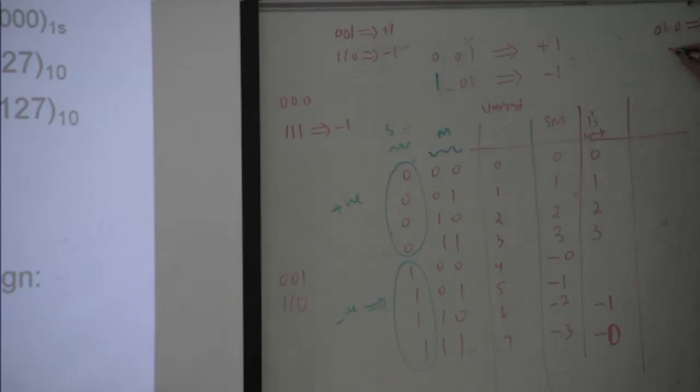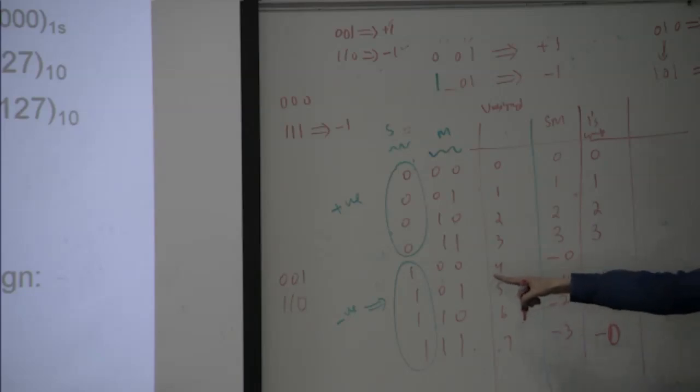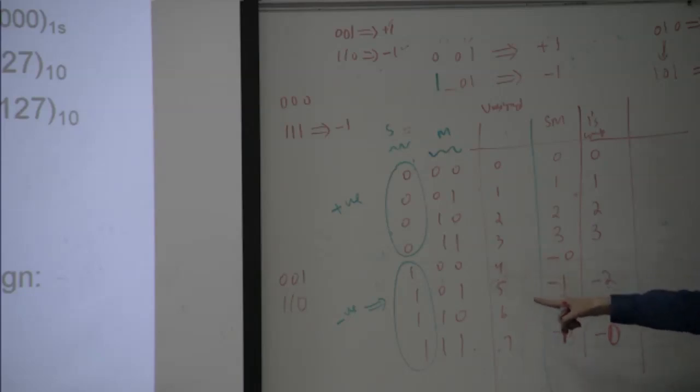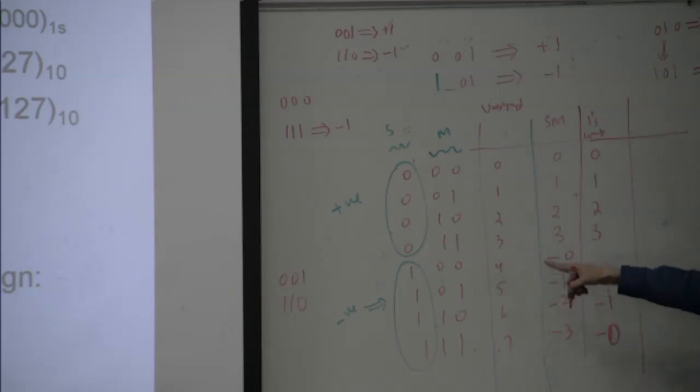To get minus 2, invert to 1, 0, 1, which is minus 2. Then 0, 1, 1 is plus 3, and we get minus 3 by inverting.